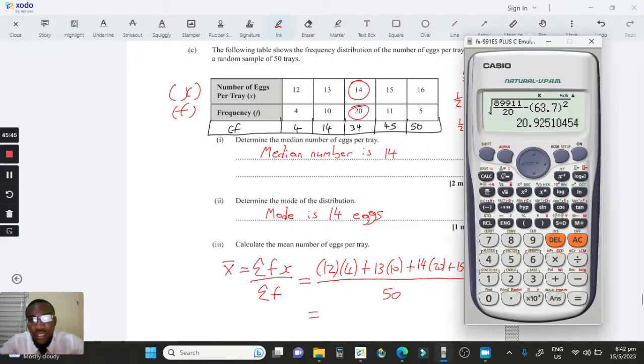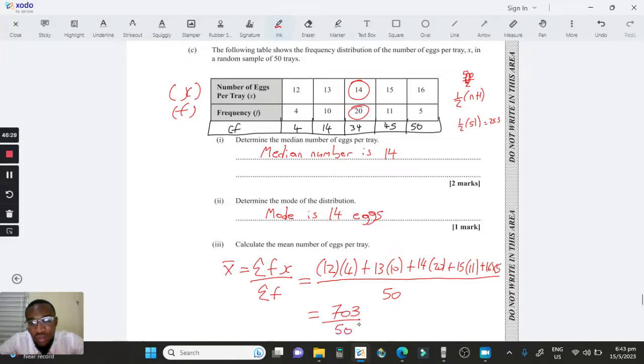So now we can start working out the numerator. 12 times 4, which I know is 48. 13 times 10, which we know is 130, plus 14 times 20, which is 280. Plus 15 times 11, which we know is 165. Plus 16 times 5, which we know is 80. And add them, that's 703.